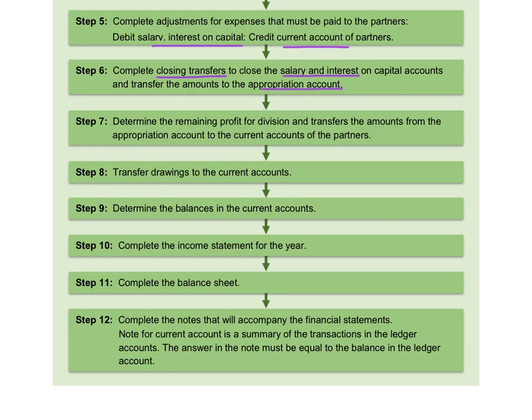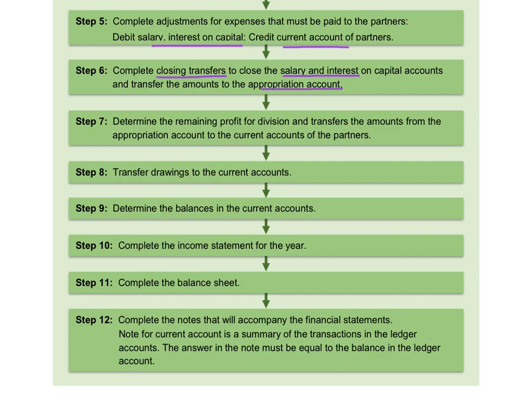So say for instance the profit is 200,000 and the salaries is 80,000 and the interest is 10,000, then it means we've already used 90,000 for the partners to pay their salary and interest.